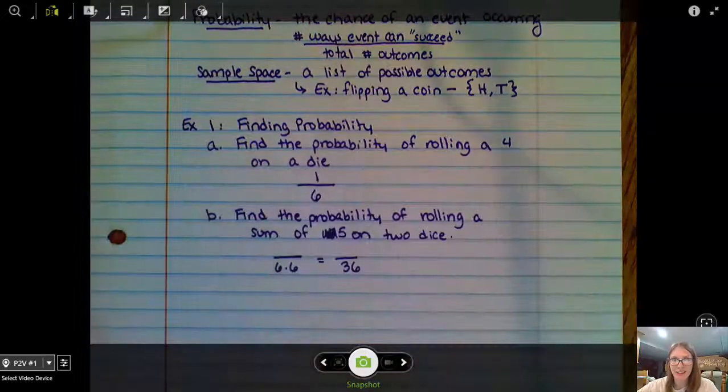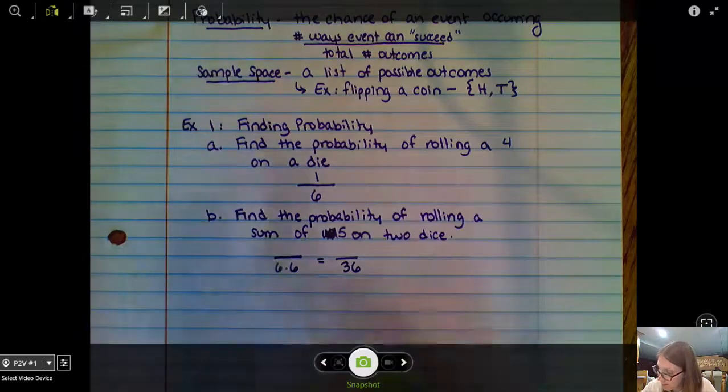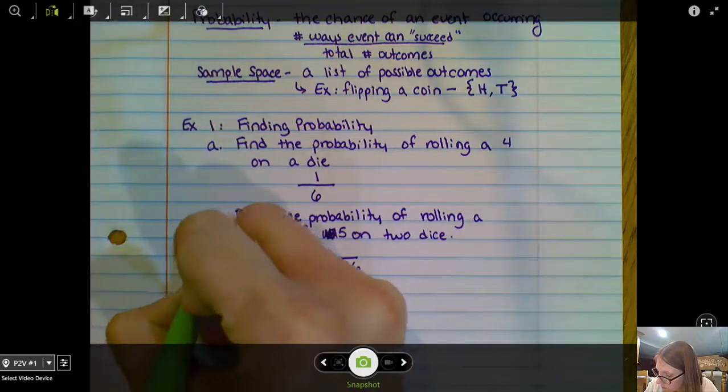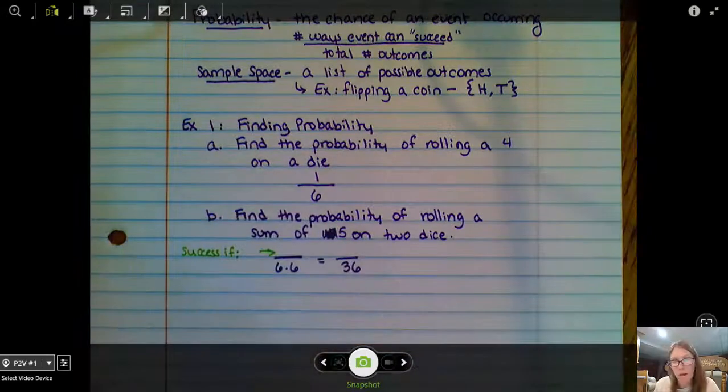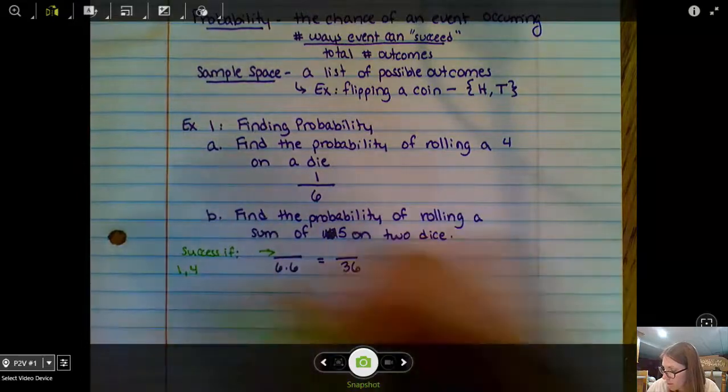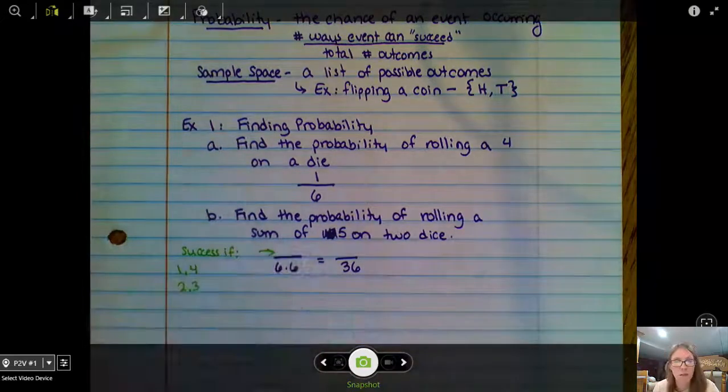The number of ways our event can succeed. Well, let's think about how we can roll a sum of 5. We can roll a sum of 5 if we have a 1 and a 4, or if we have a 2 and a 3.